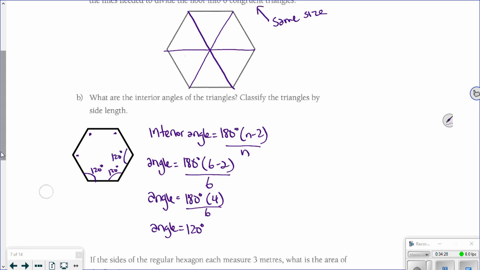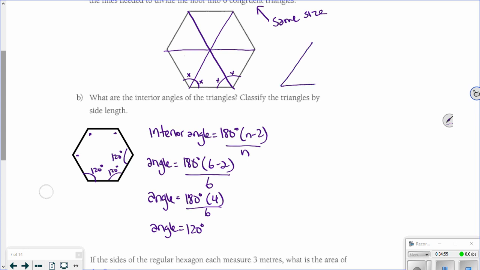What I can say for sure is that when I draw my lines to make my triangles, because they're all crossing in exactly the middle, I know that those lines are splitting this angle exactly in half. So half of it's going to be on this side and half of it is going to be on that side. And so what that means for my triangles, and if I do it over here, half is going to be here, half is going to be here.